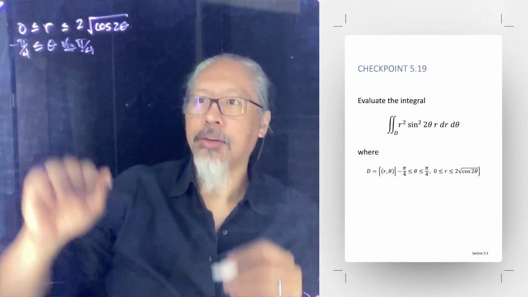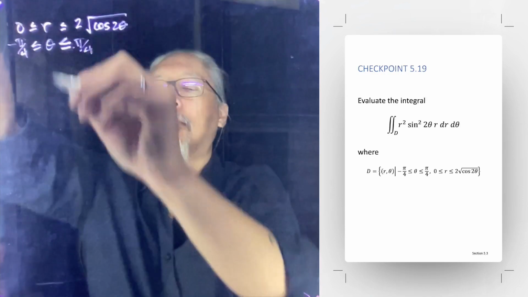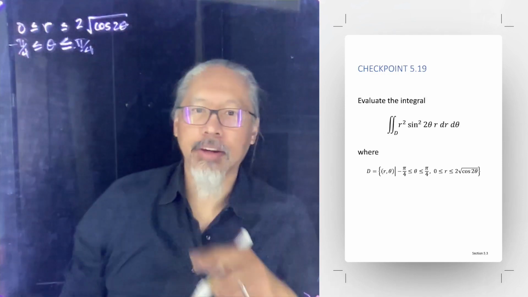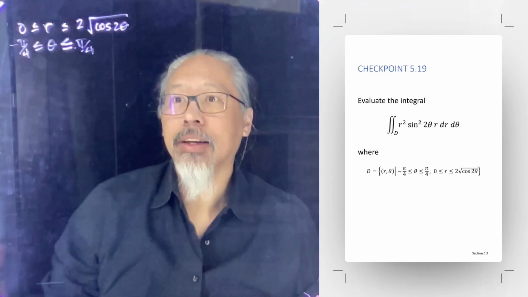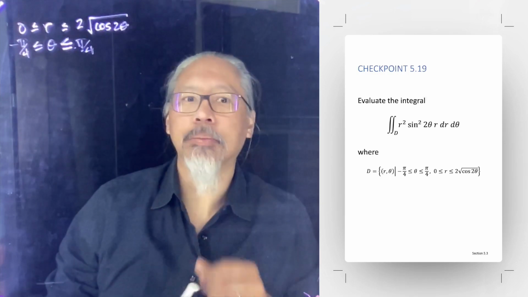And I think if you were to graph this, it'll look a little bit like a lemniscate, which is like a figure 8 or figure infinity. But I don't think we need to mess with that too much.